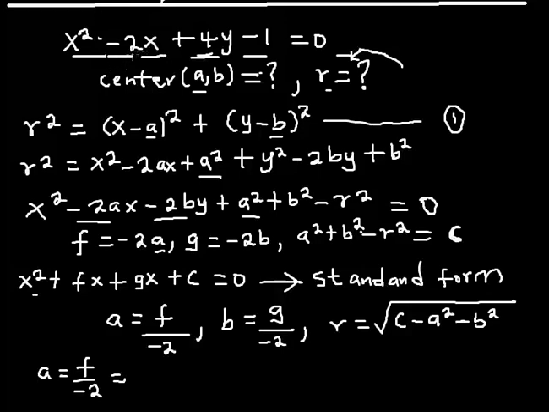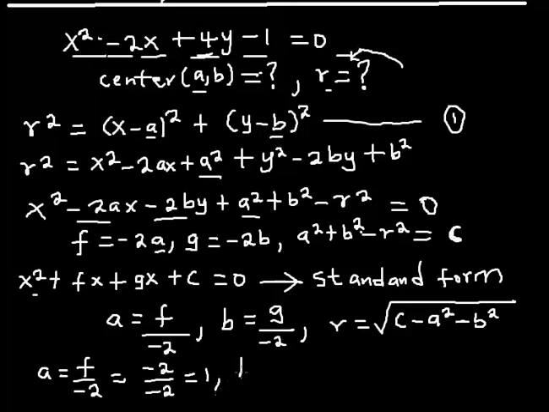My f is simply the coefficient of x. And what's the coefficient of x? That's minus 2. So that means my a is going to be equal to minus 2 divided by minus 2, which is equal to 1. As simple as that.